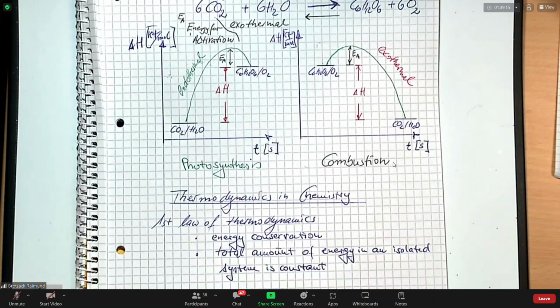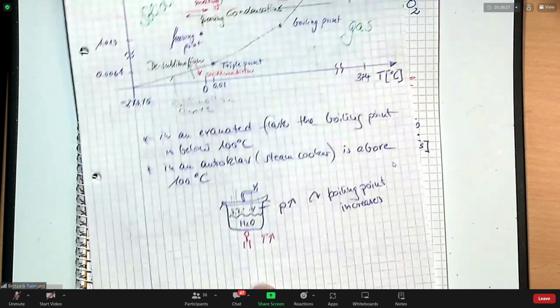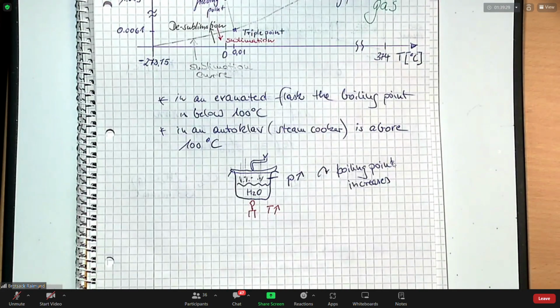When we look at our steam cooker once more, if we do not heat it up, it's isolated. We say it's an isolated system.